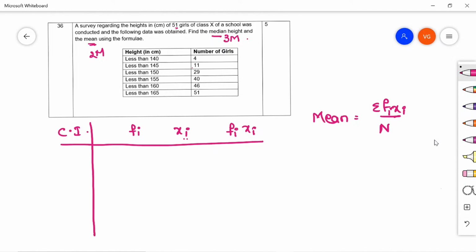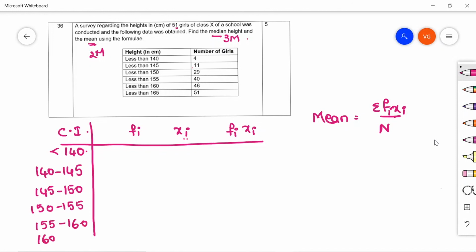So, let us see here. Less than 140 here, first one, then 140 to 145, 145 to 150, 150 to 155, 155 to 160, and 160 to 165. From the median table itself, you can write fi here: 4, 7, 18, 11, 6 and 5.